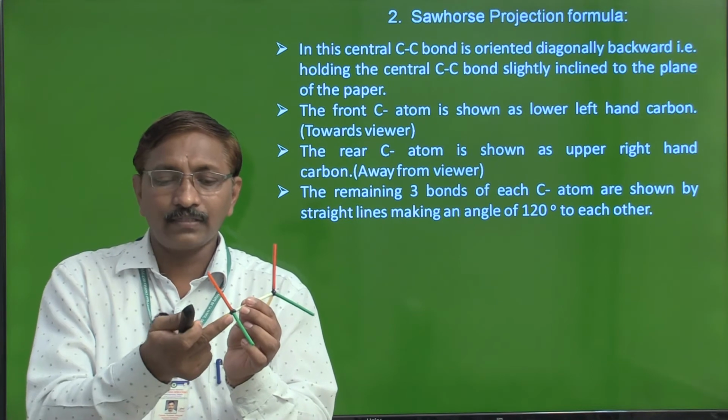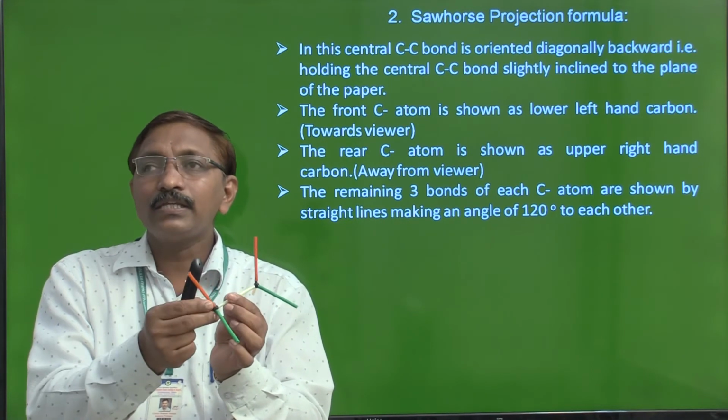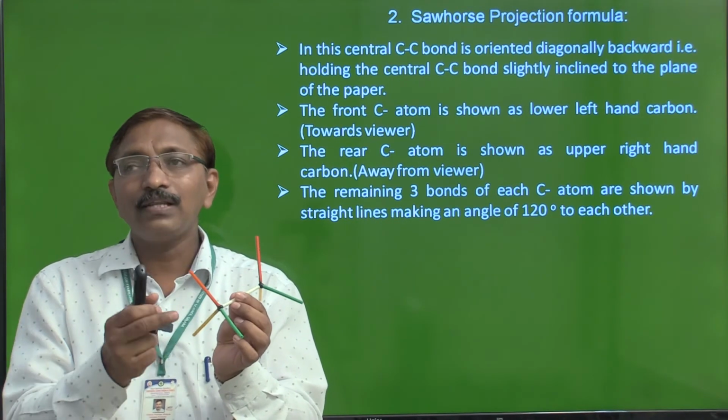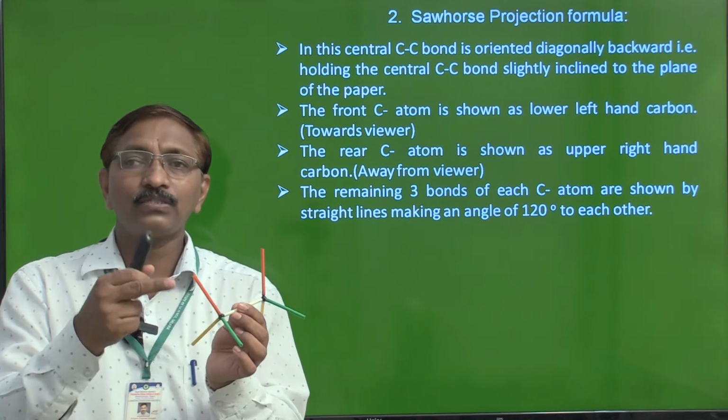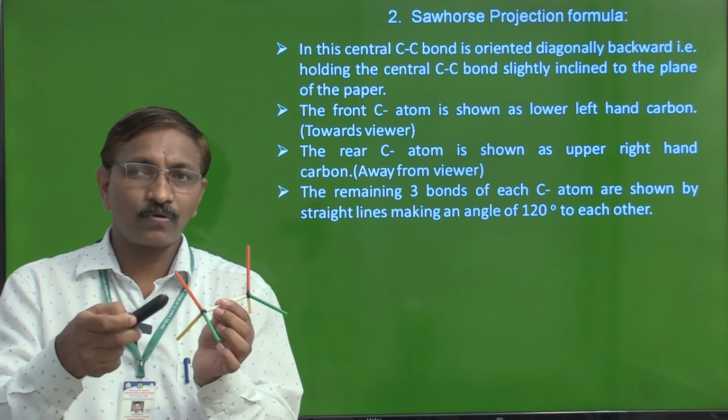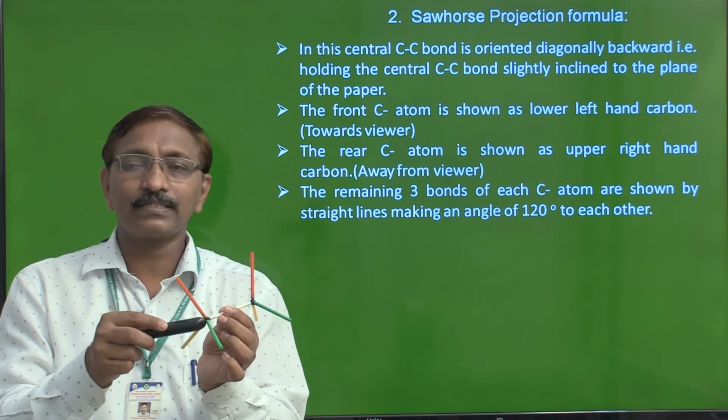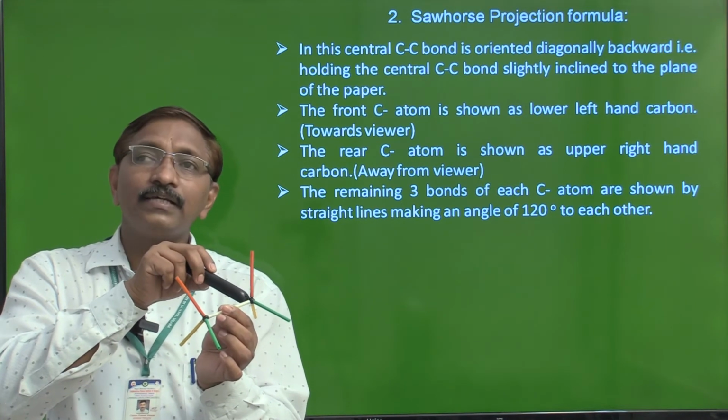The front carbon atom is shown at the lower left-hand side, that is towards you. From the viewer side, this is the left-hand side, while this is the right-hand side, upper.